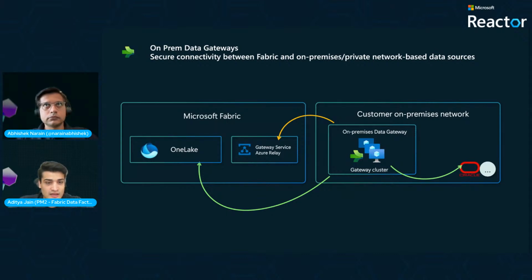The gateway then connects to the local data source, fetches the required data, for example, from an Oracle on-prem database, and then sends it back securely to the requesting cloud service like OneLake. This whole round trip is very seamless, quick, and enables a secure communication flow from the cloud to your on-premises data sources, and then back to the cloud.